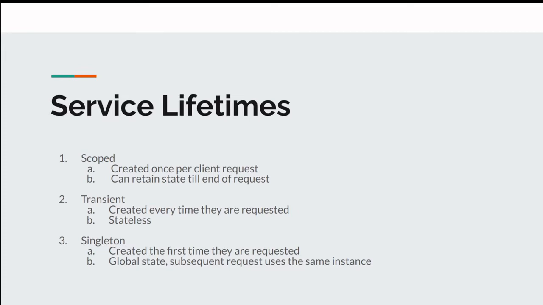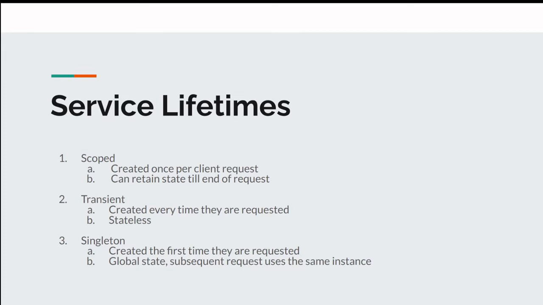So if we have an HTTP request and we call upon this number counting service that's been registered with the scope lifetime, and if we call it multiple times, the first time we call it and increase the number, it's going to increase from 0 to 1. If within that same request we call upon it again and call that increase number method, it's going to increase from 1 to 2, call it again, 2 to 3.